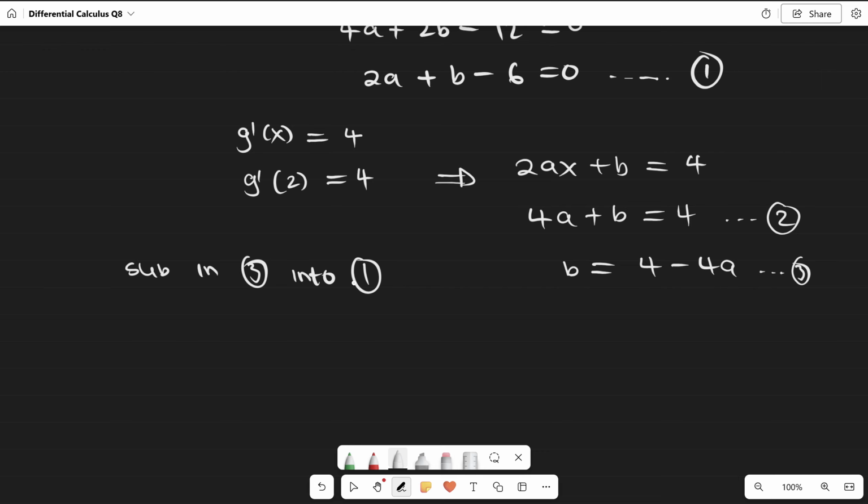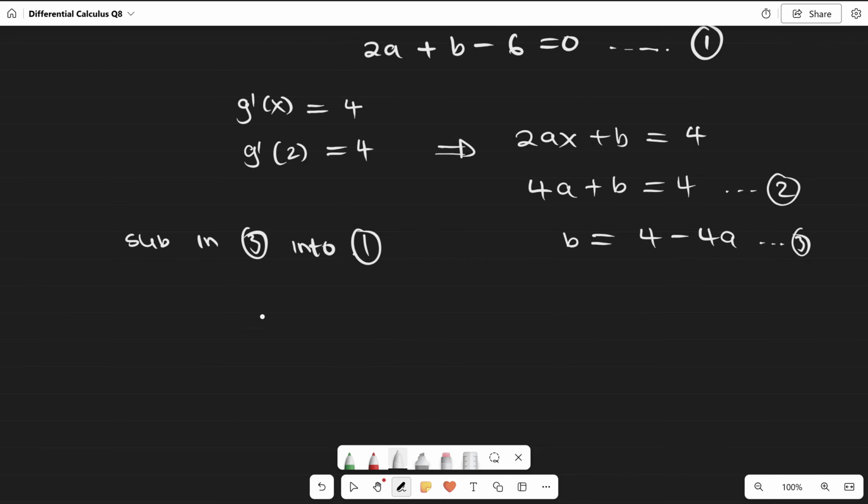So that we can, this is just like solving simultaneous equations, right? So we have 2a plus b, which is 4 minus 4a, and minus 6, that should be equal to 0.